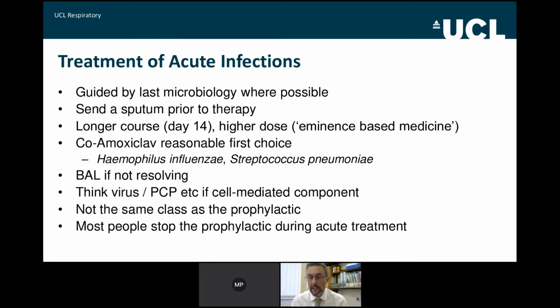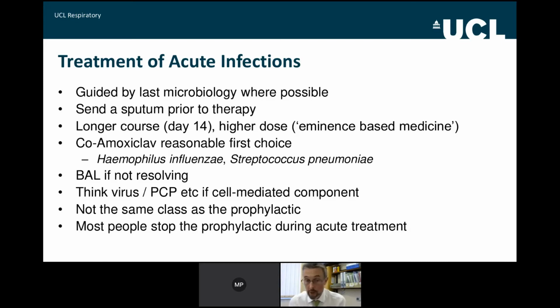So, for example, with BAL or bronchoalveolar lavage. There's consensus evidence from experts, if not real actual evidence, that prolonged courses of treatment may be necessary in people with primary antibody deficiency, so longer courses of antibiotics, for example.